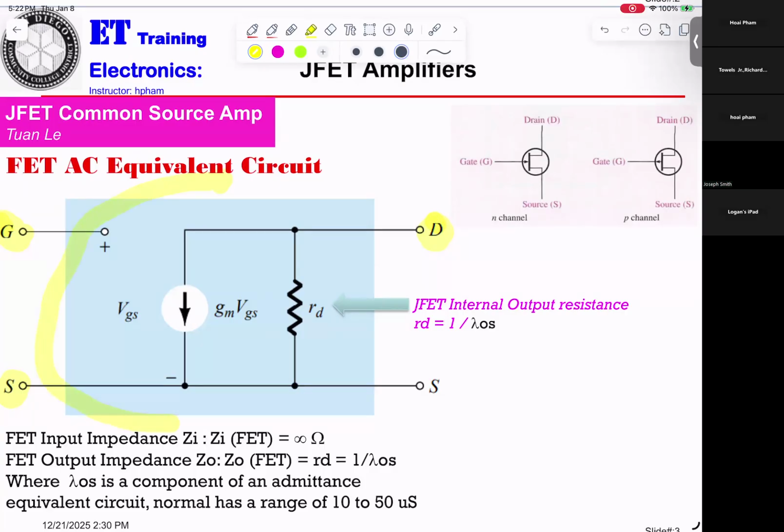You see, this is the inside of the JFET. From the drain going into the source, you get the source current here. The value will be gm times VGS. And this is the internal resistance.